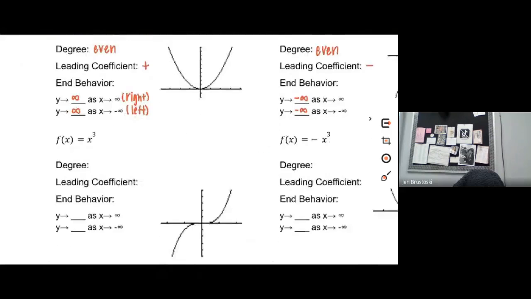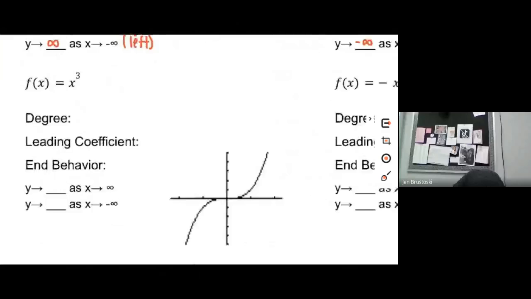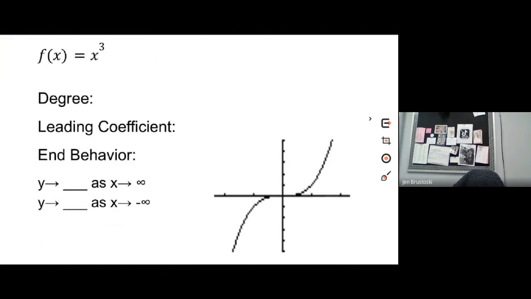All right, then x to the third. This is going to be a degree that is what? 2 is even, 3 is odd. In this one, I have a leading coefficient that is positive.